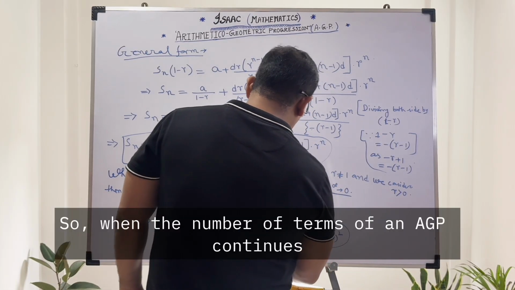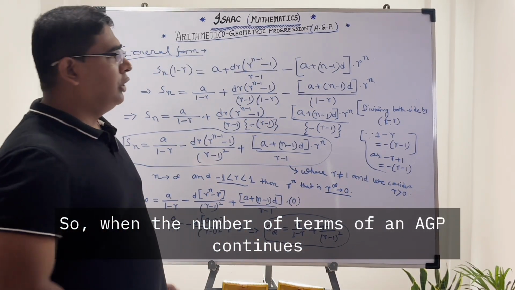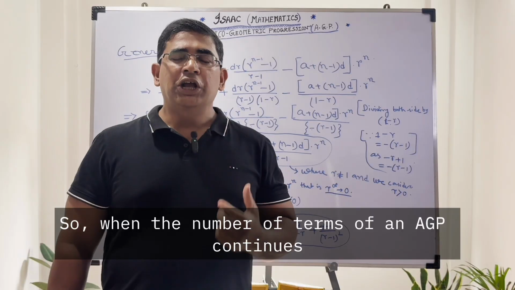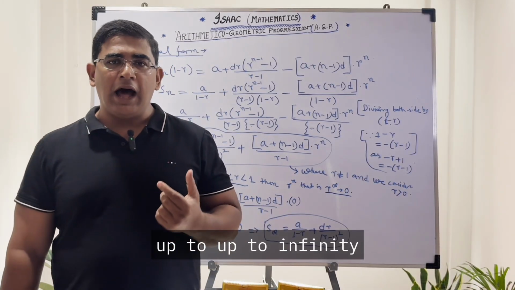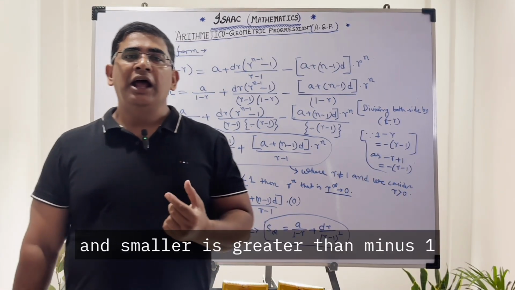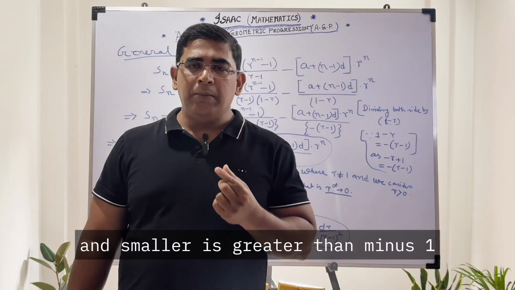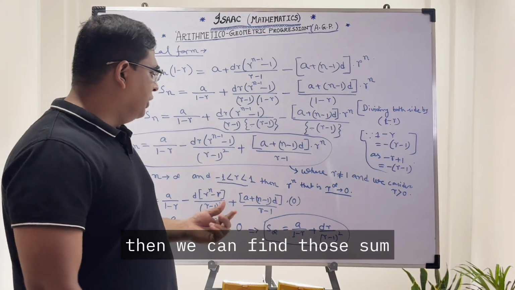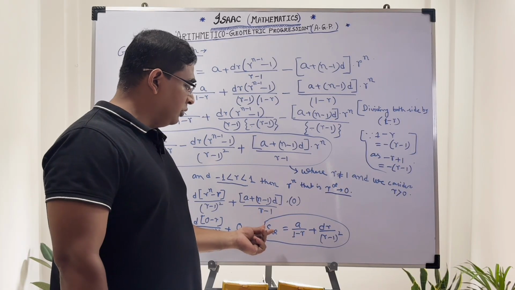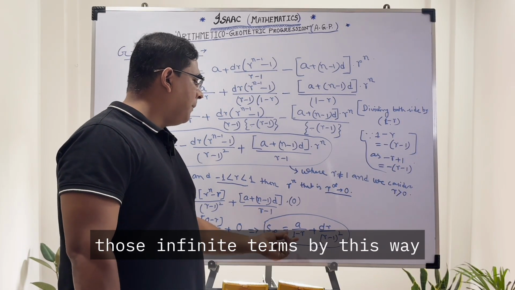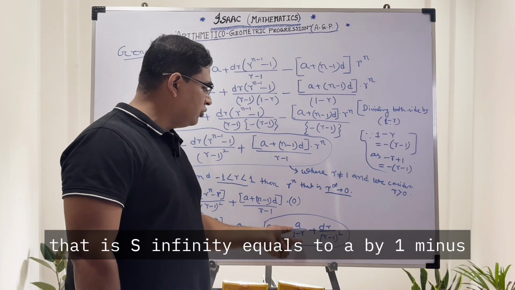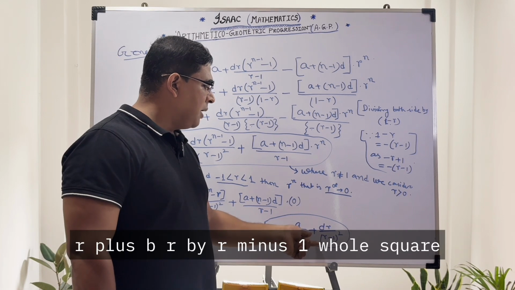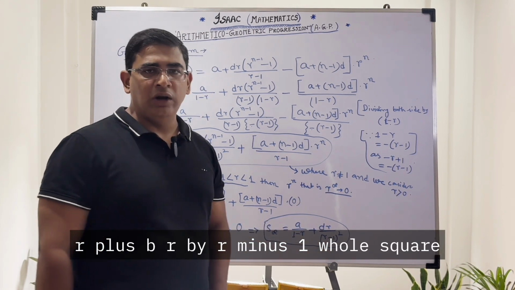Okay. So when the number of terms of an AGP continues up to infinity and r is greater than minus 1 and lesser than 1, then we can find those infinite terms this way, that is S infinity equals a by 1 minus r plus dr by r minus 1 whole square.